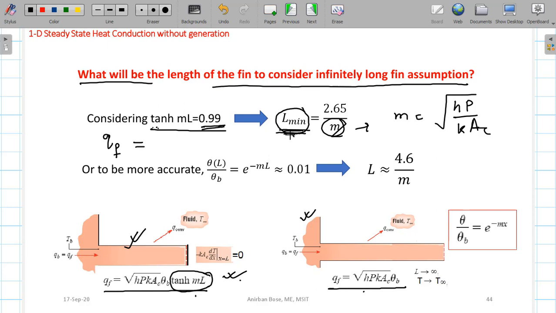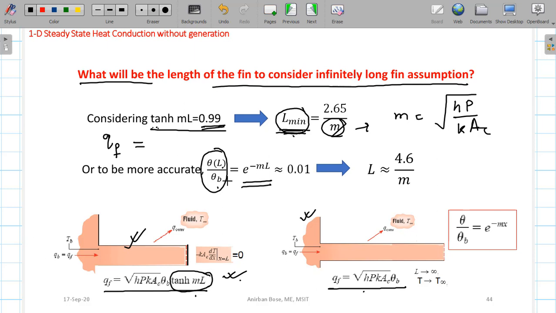Or you can do it in a more accurate way, if you want to reduce the error further. Here you can see theta by theta_b is equal to e to the power minus mL. This is the temperature distribution for the infinitely long fin.